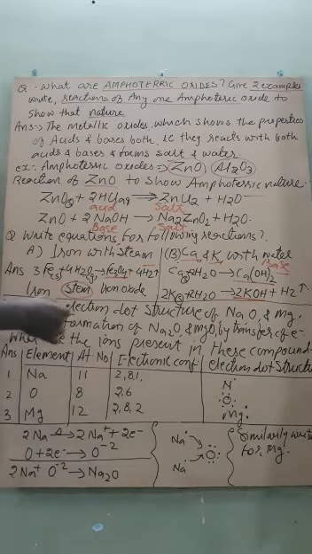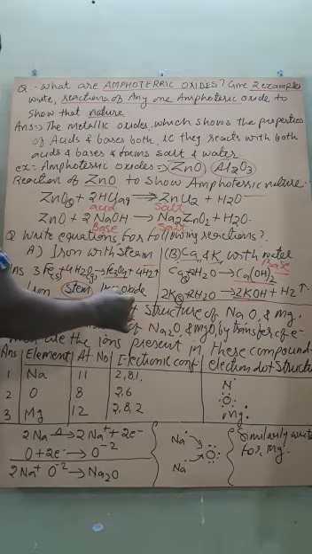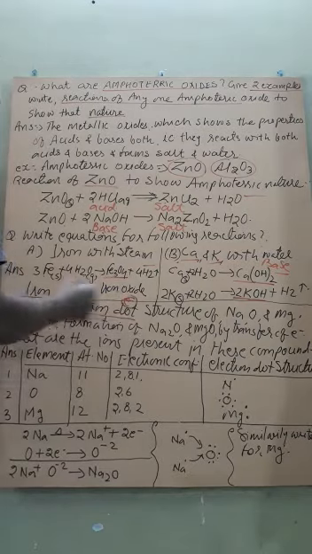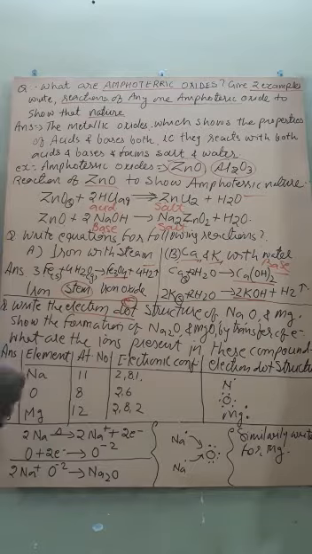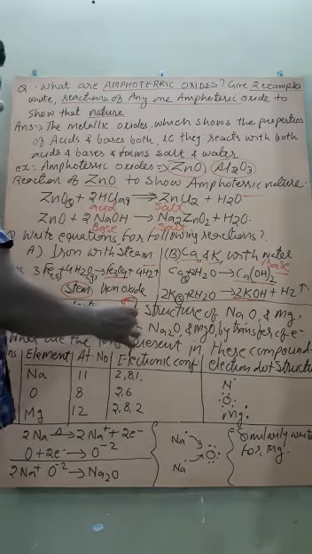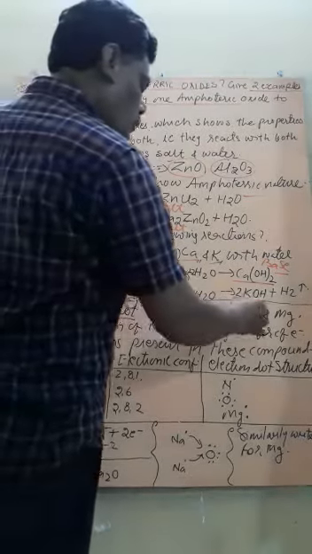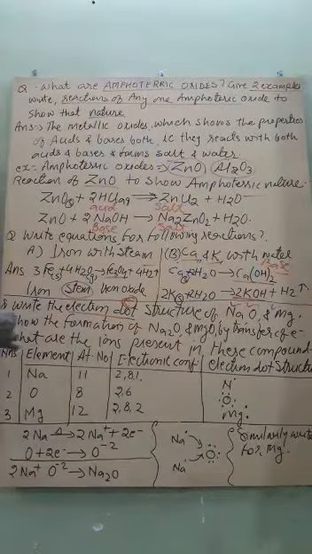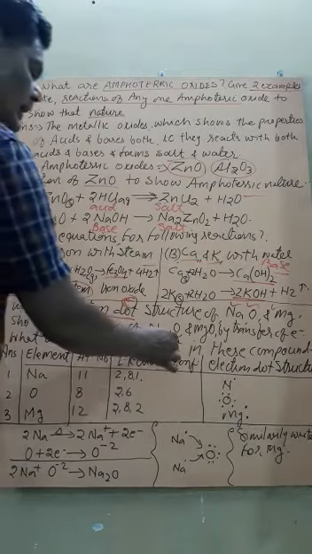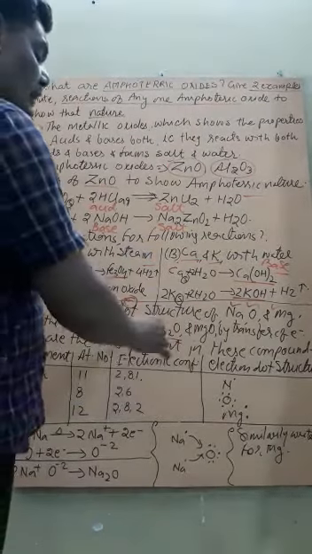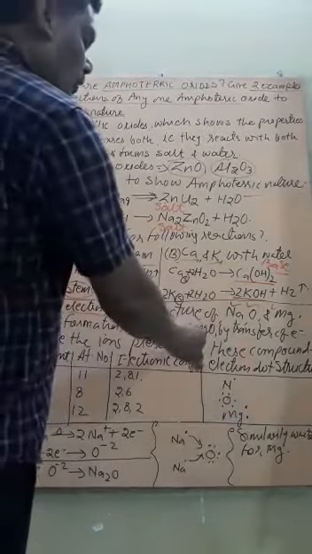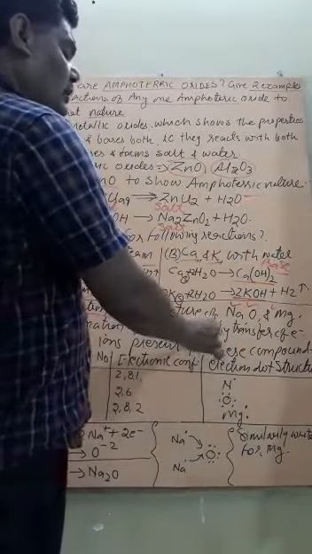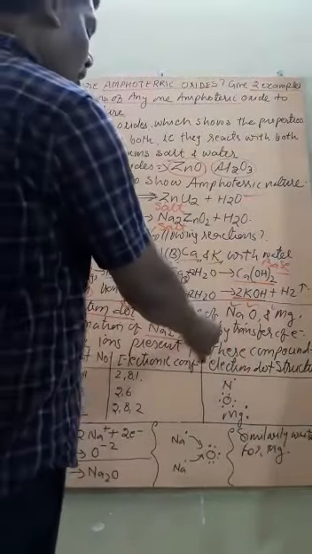Now the next one: write the electron dot structure. The dot shows the number of valence electrons. Write the electron dot structure of sodium, oxygen and magnesium. Also in the same question, show the formation of Na2O, that is how Na and O react to form Na2O, and MgO, that is how magnesium reacts with oxygen and forms magnesium oxide.